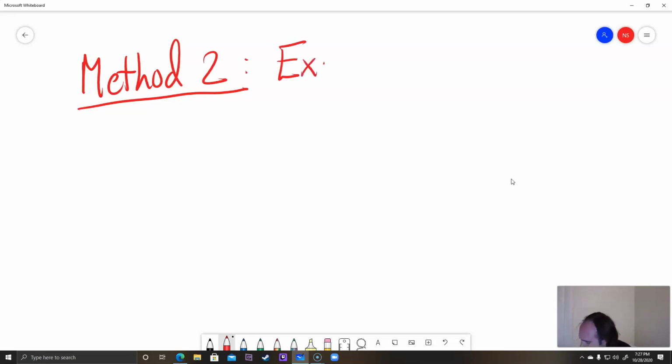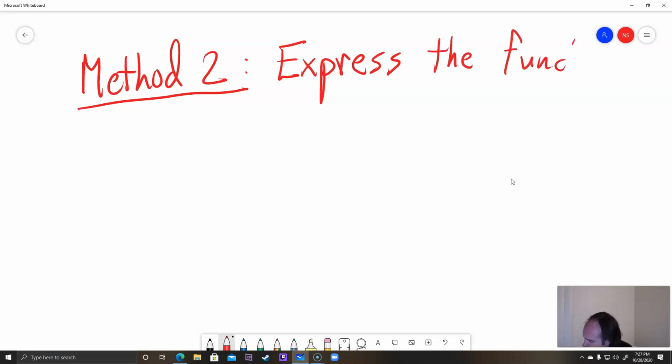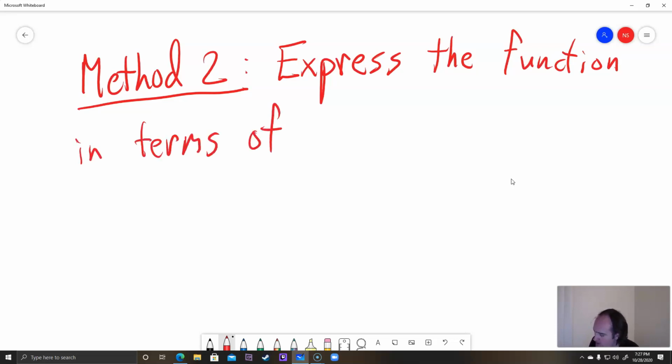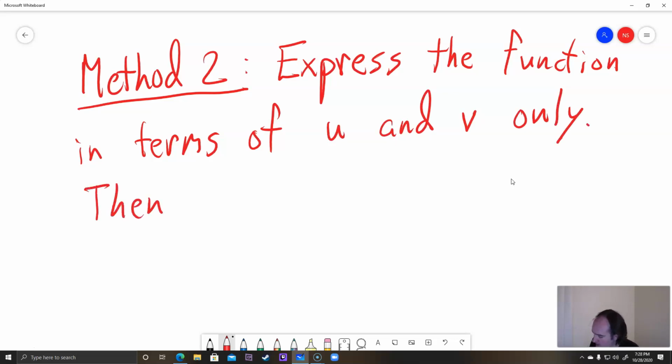Okay, so express the function in terms of u and v only. Then take the derivative.